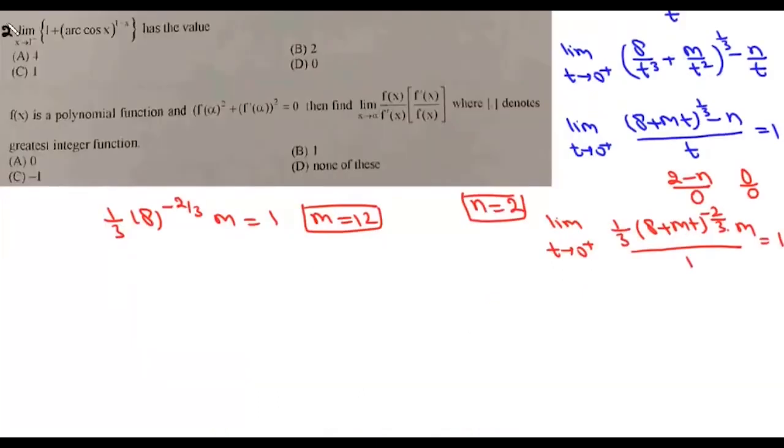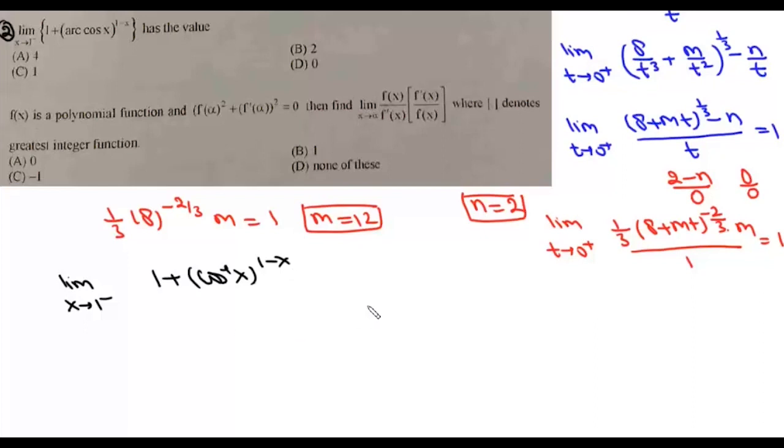Now this second question is this limit x tends to 1 negative, 1 plus cos inverse x to the power 1 minus x has the value which is the following.